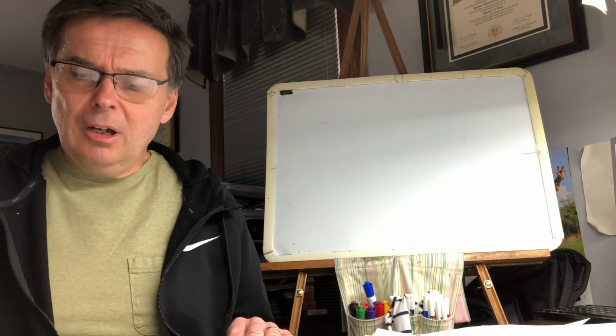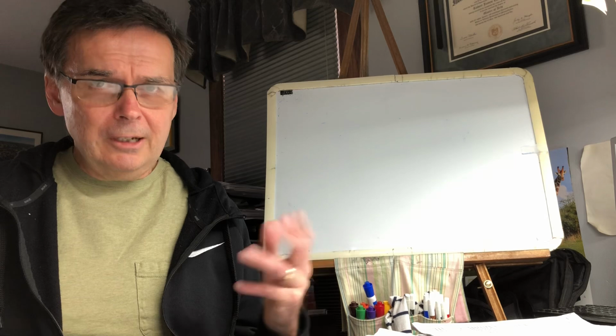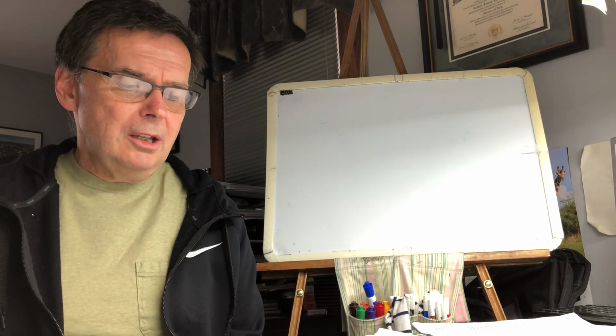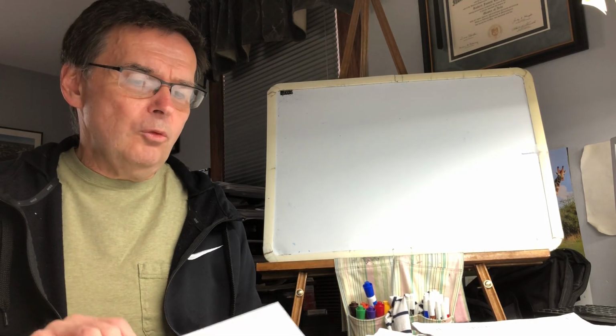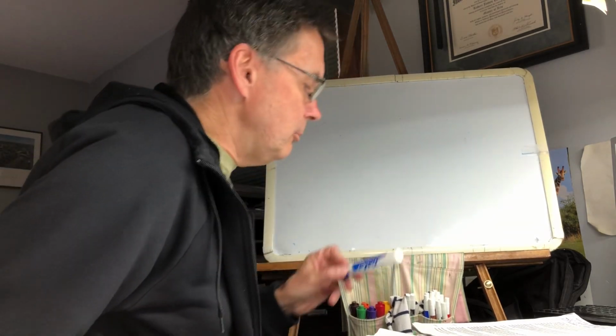Let's take a look at some notes here. Article 3, right, dealing with the judiciary branch of the Constitution and what it establishes. And we'll go to the whiteboard.